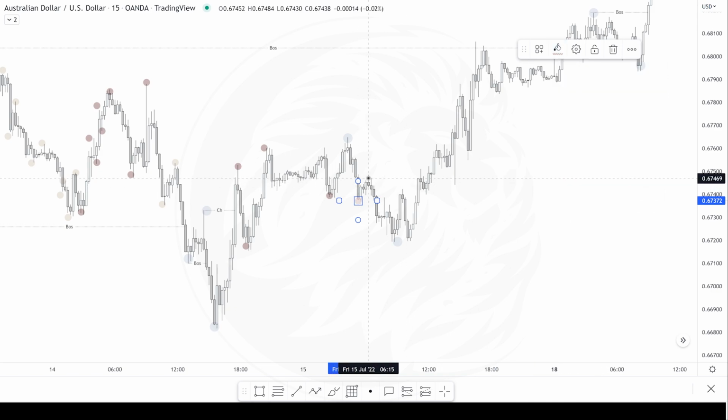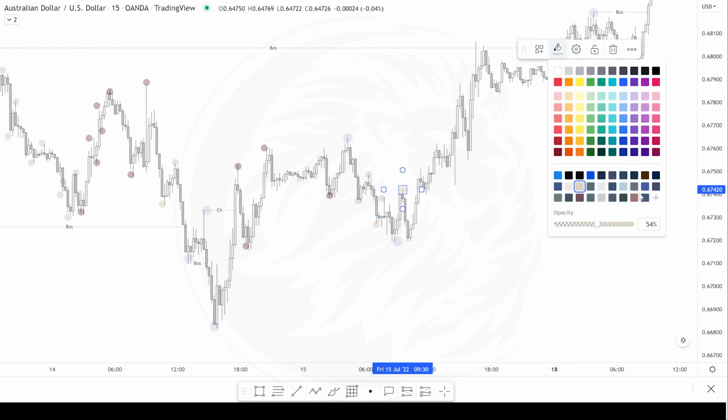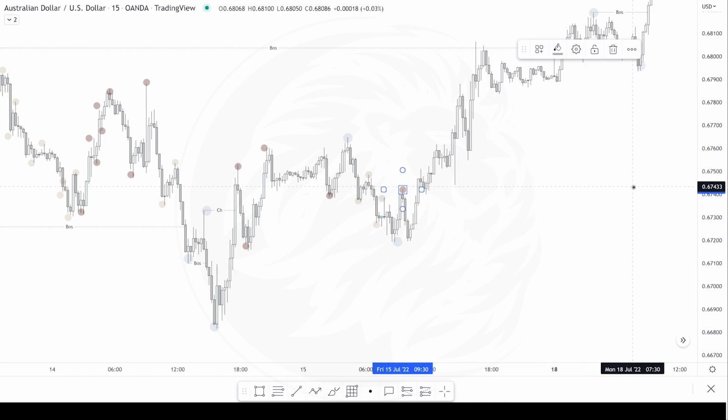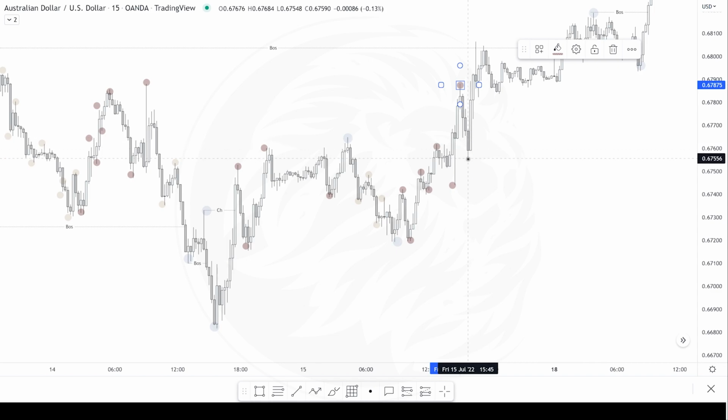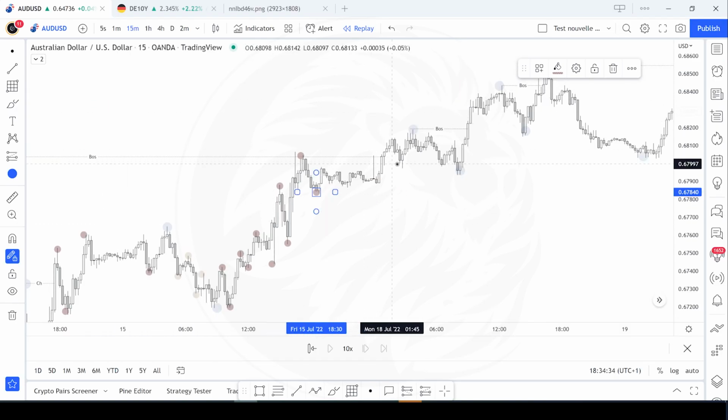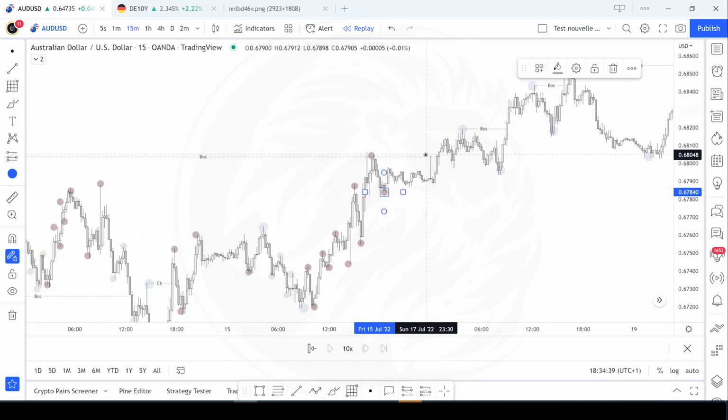Now the sub restarts. And now that here we will break the structure to the upside, this will become the minor structure.